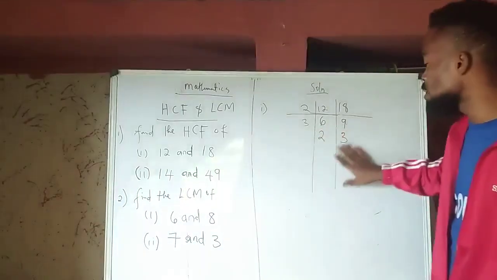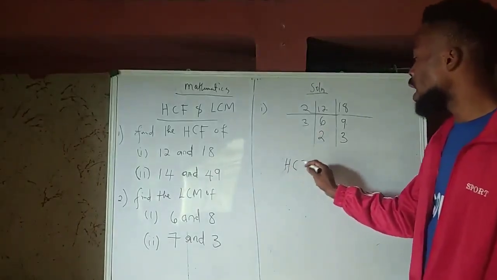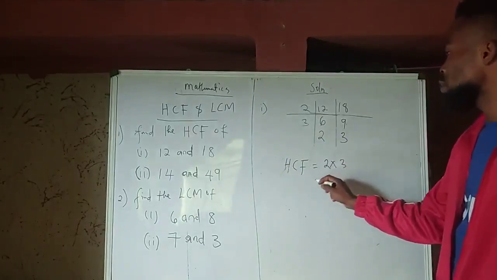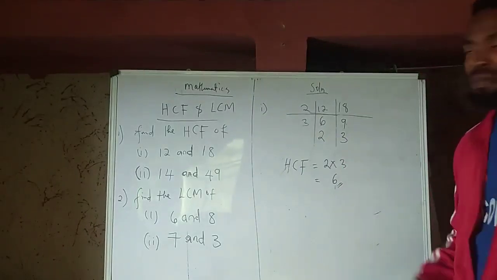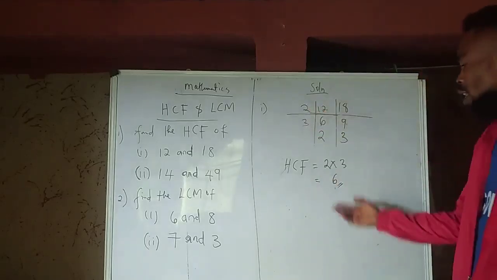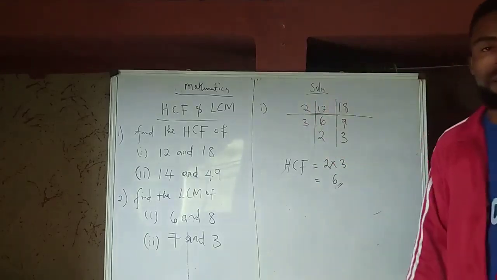We don't do anything further. So at this point, we can comfortably say that our HCF is 2 times 3, which is equal to 6. That gives us our highest common factor of 12 and 18.